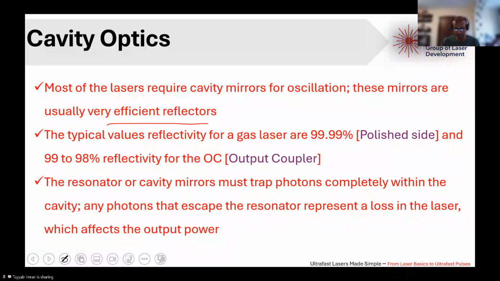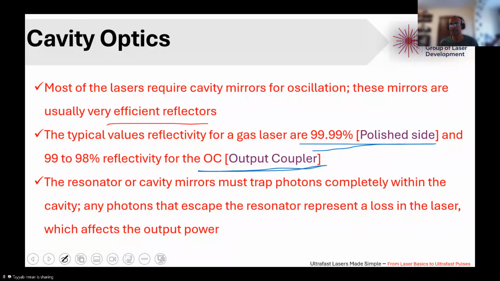One side is almost 100% reflective. The other side, from where the output comes, can be 98%, 95%. It depends on the gain of the laser, but it has to be less than the polished side. And it is called the output coupler, from where the laser is coming out.